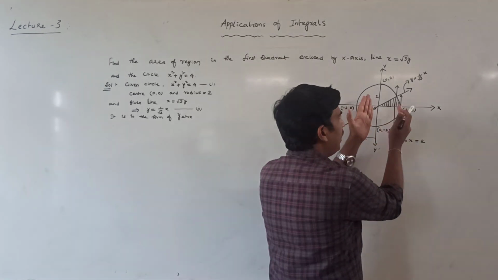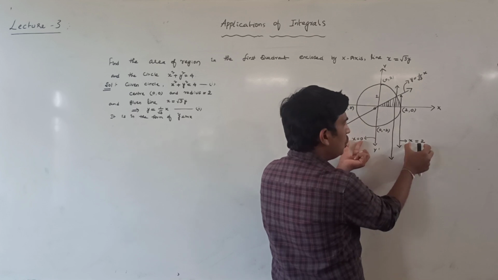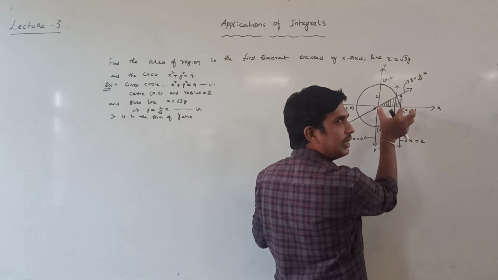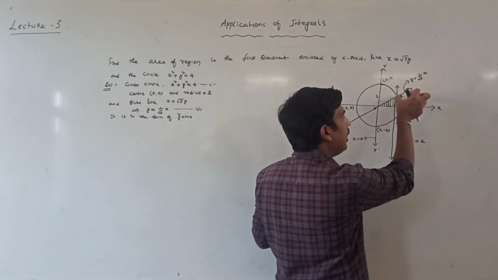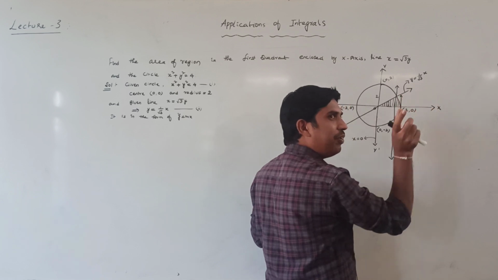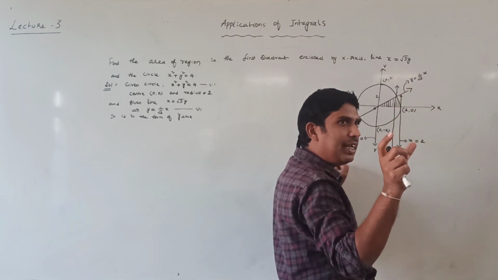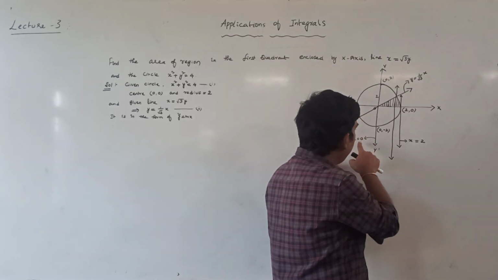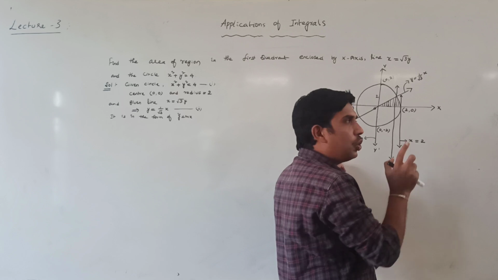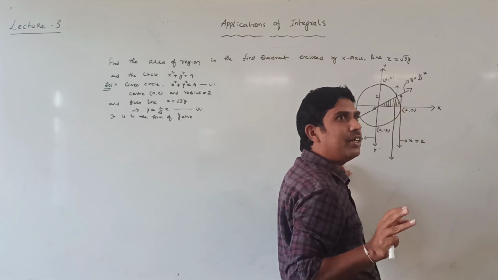But here the limits are x = 2 and x = 0. Between these two limits, the line and curve intersect. Whenever in between particular limits a line and curve intersect, we cannot take these directly as the lower limit and upper limit. That is the reason we have to divide.